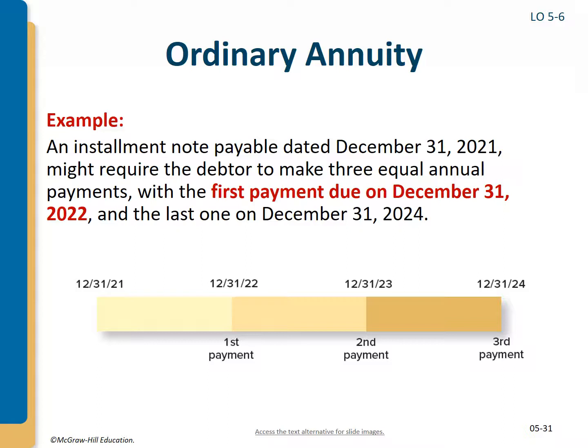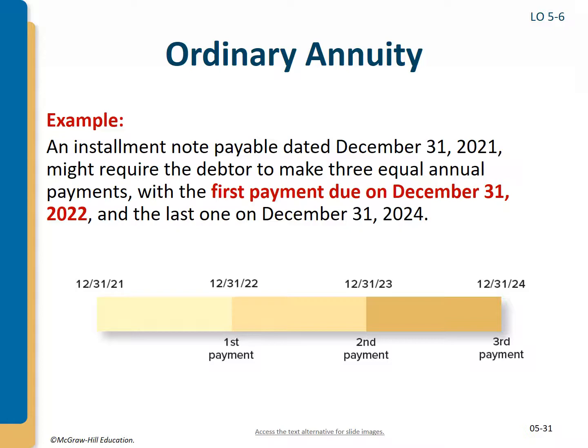Don't look at it and go, oh, it's the end of 2021. No. This note is dated today. So today, December 31st, is the beginning of the first year of this note. The first payment is not due until December 31st, 2022, the end of the first period, the end of the first year, the end of the second year, and then the end of the third year. That's what makes it an ordinary annuity.